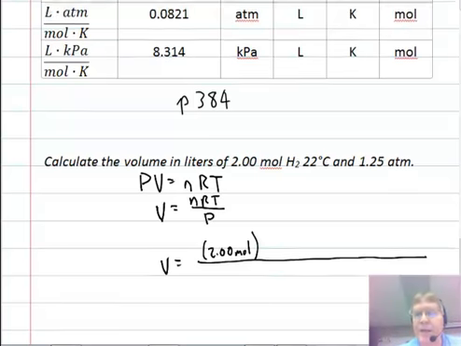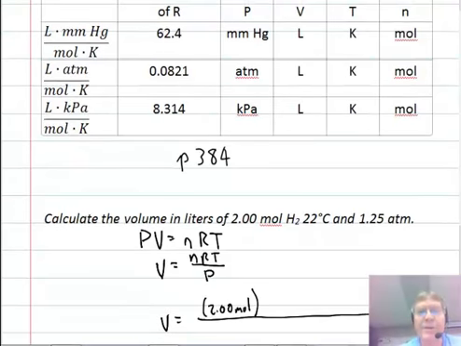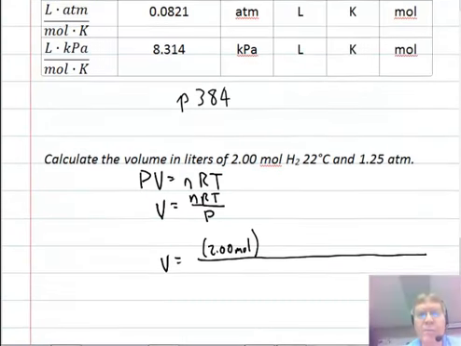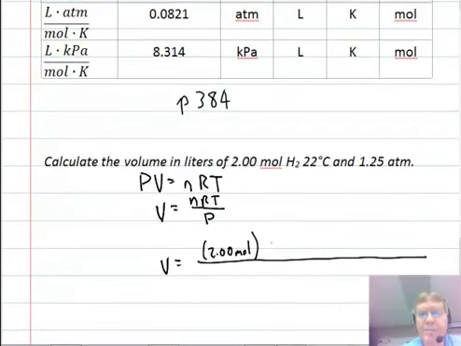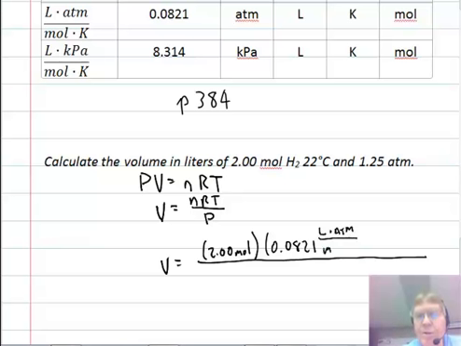And our pressure here is given in atmospheres. So you can see we're going to use the value 0.0821, and I'm going to write those units in here. That's liter atmospheres per mole Kelvin.